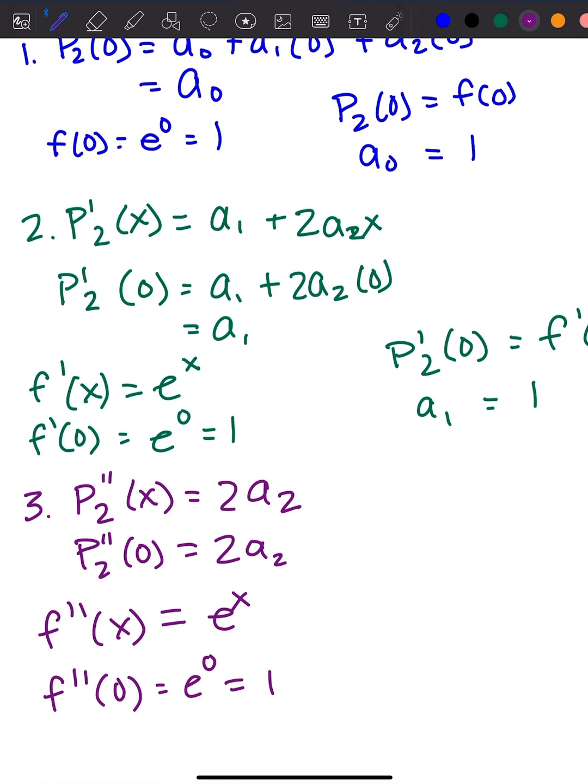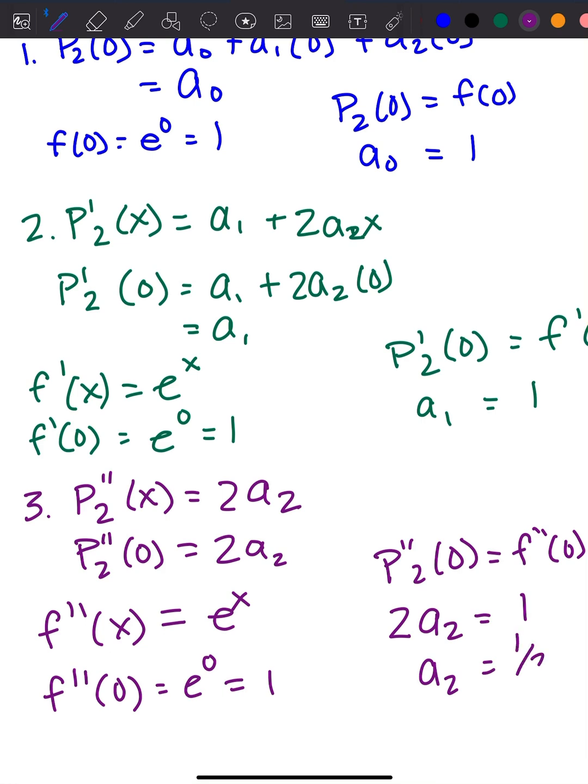Once again, the second derivative of our polynomial at 0 has to equal the second derivative of our function at 0. This time we have 2 a sub 2 is equal to 1, and we need to solve for a sub 2. So a sub 2 is equal to 1/2.